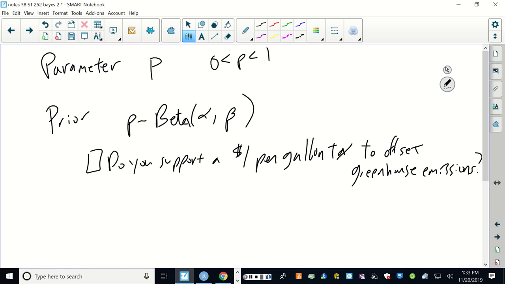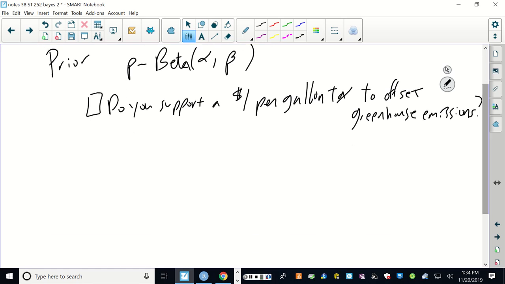In places like Europe, it's quite a bit more. So $1 would have its impacts, but depending on how serious you think the problem is, somebody might support that. So we're going to ask adults this, and we're going to get a bunch of responses.